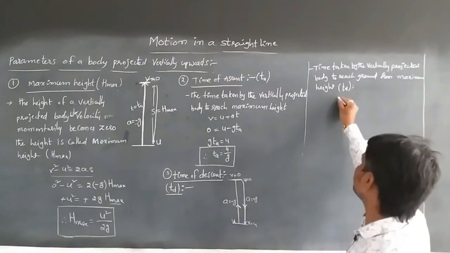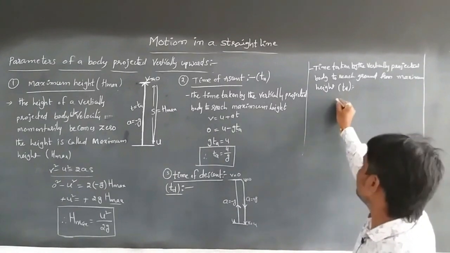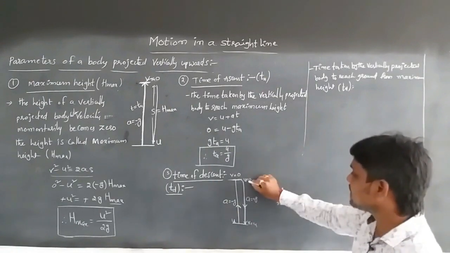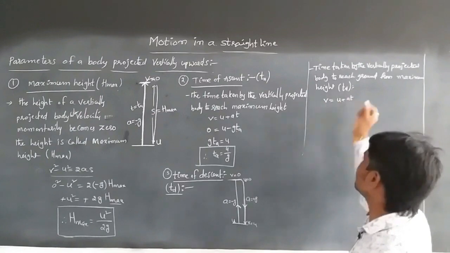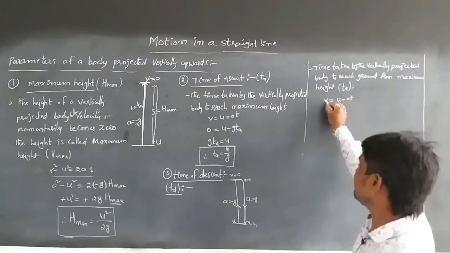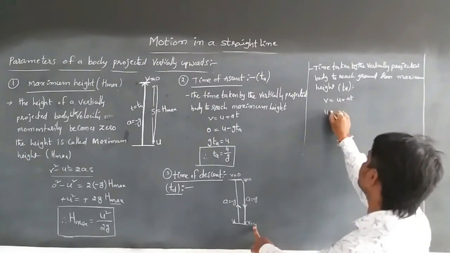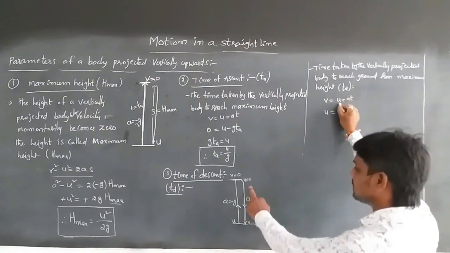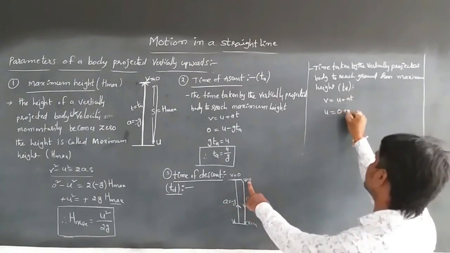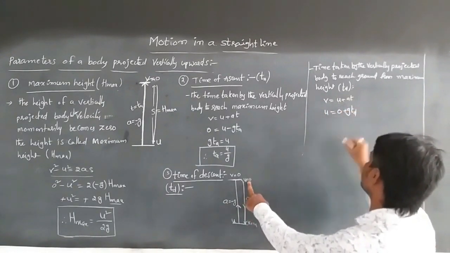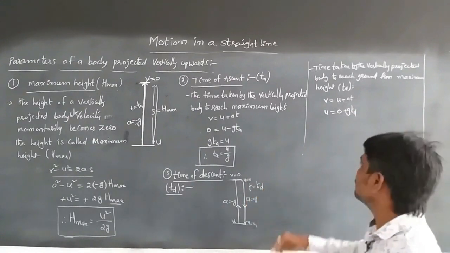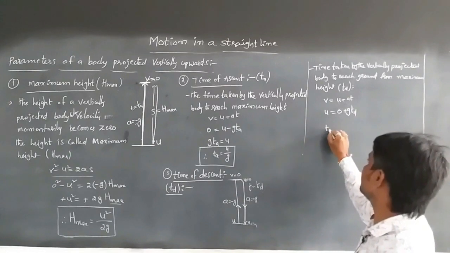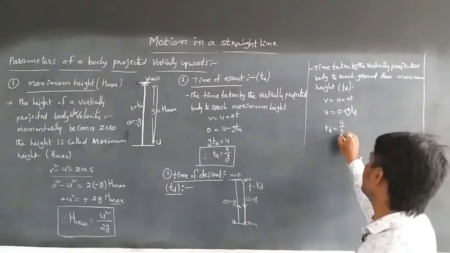From the first equation of motion, v is equal to u plus at, where the initial velocity is 0 and a is equal to g, with td being the time of descent. So we can directly write td is equal to u by g.